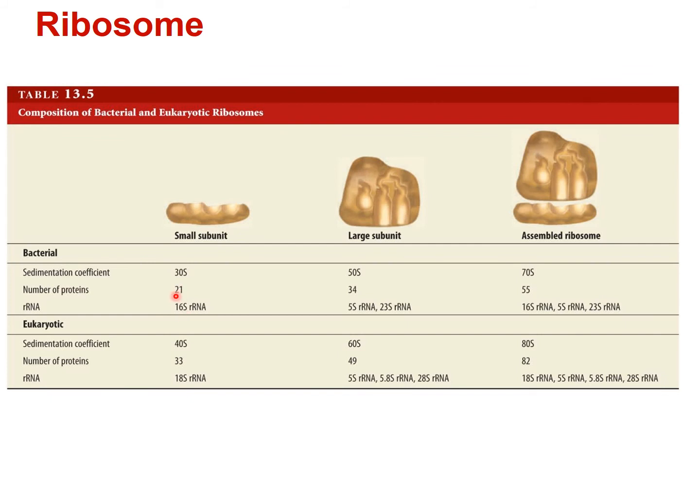You can see that, as I've said multiple times, every time you look at a eukaryotic system, it's always a bit more complex. There are more proteins, and for the small subunit, the same is true for the large subunit. And they have RNAs. The RNAs are slightly larger in eukaryotes, and there's more RNAs, an additional RNA in the large subunit. And we'll talk about some of these specifically.